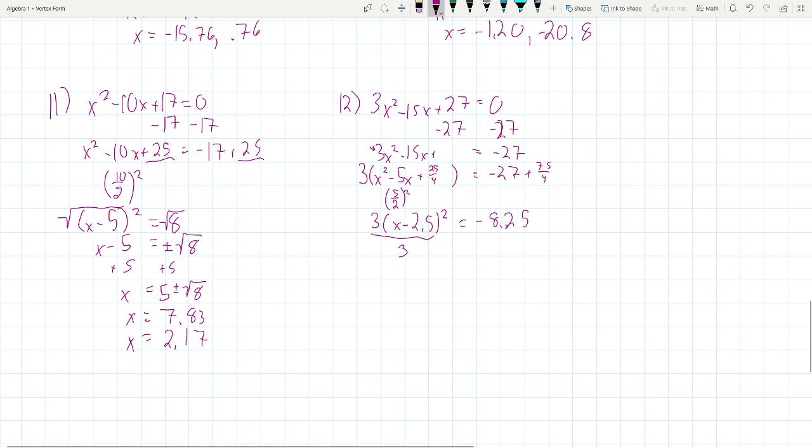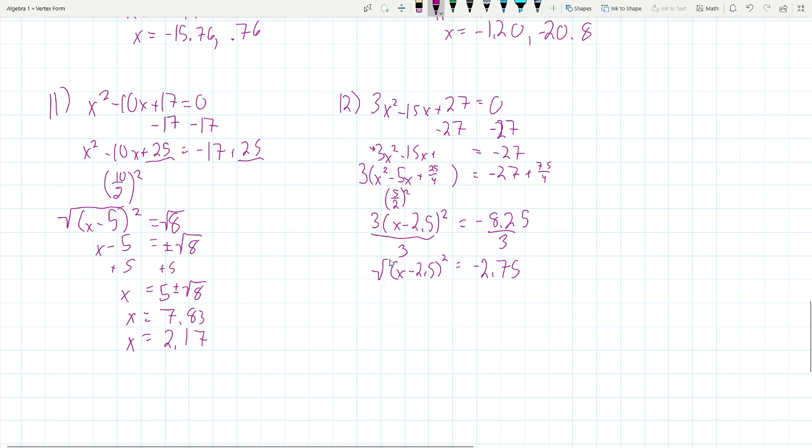Divide both sides by 3. And we get x minus 2.5 squared equals negative 8.25 divided by 3, negative 2.75.